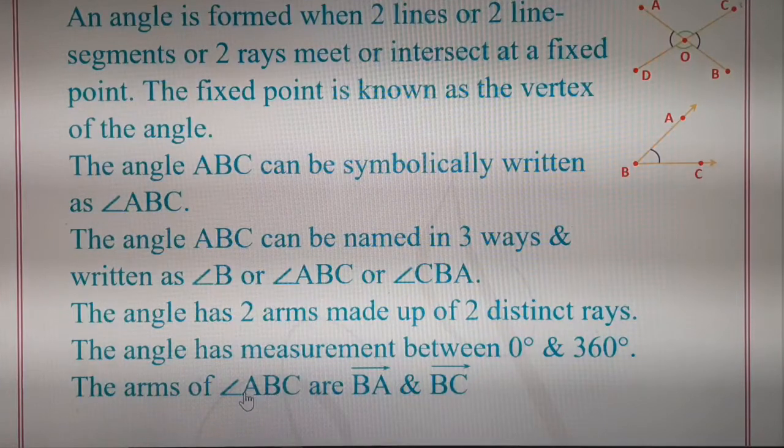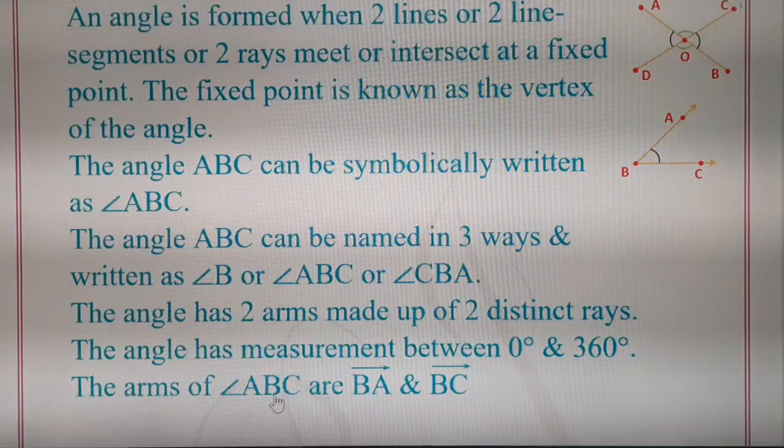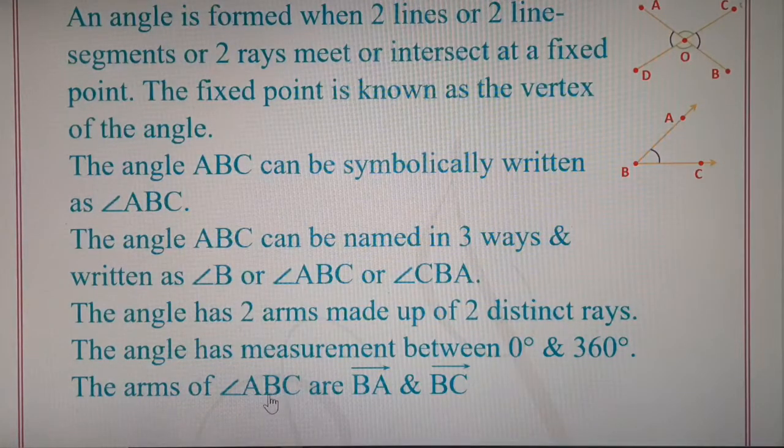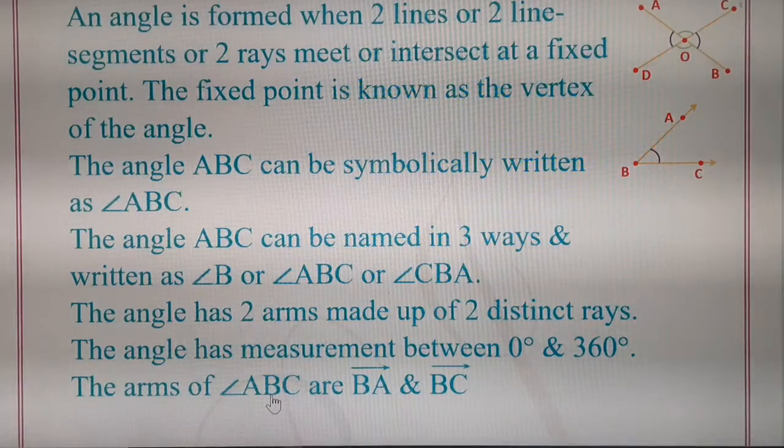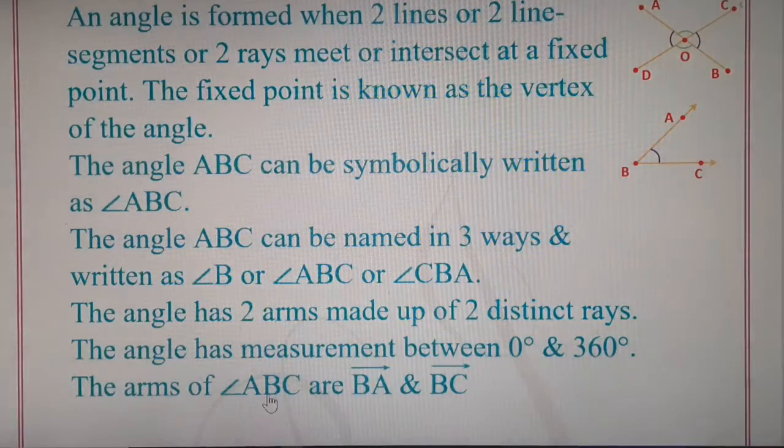So children, even from this diagram we can make out, but even from the symbolic notation we have to remember the middle alphabet is the vertex. So we have to name the rays by using the middle alphabet first. This angle ABC will have the arms as ray BA and ray BC.